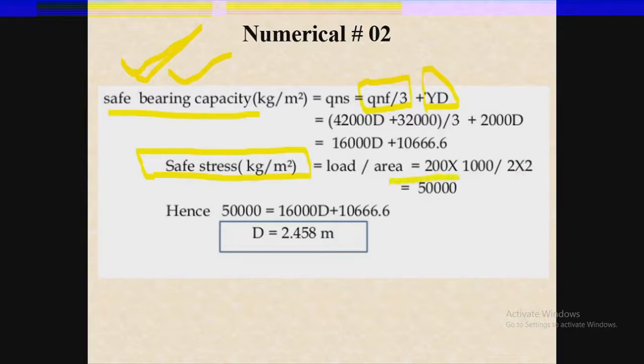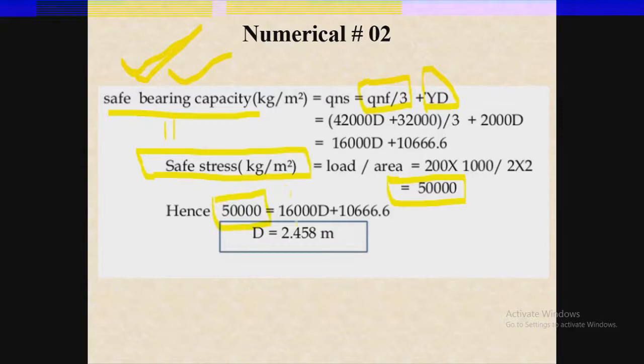This will give me a safe stress, which is equal to the gross safe bearing capacity. So over here I can write down its value, 50,000.